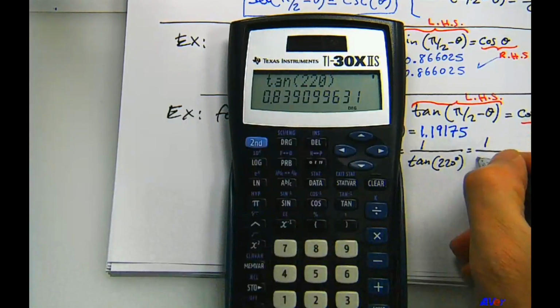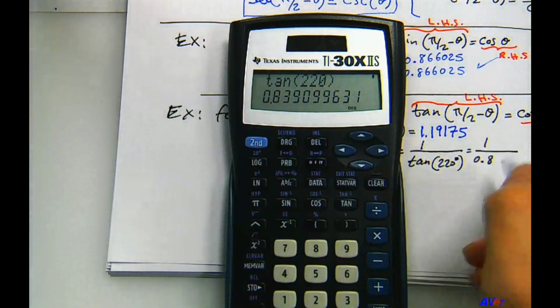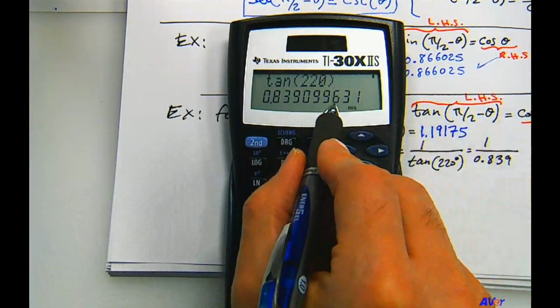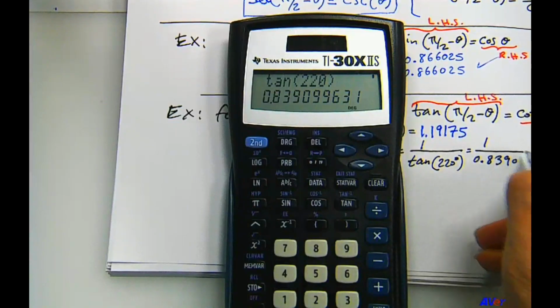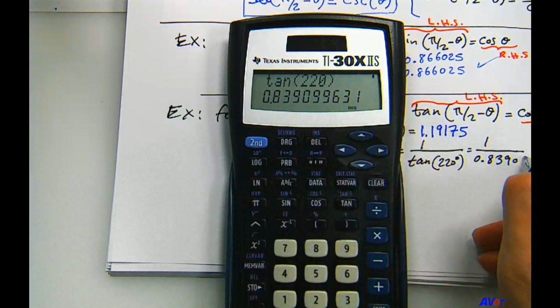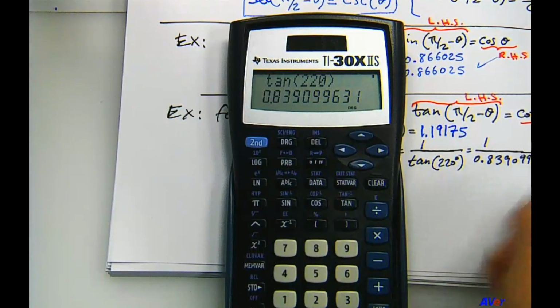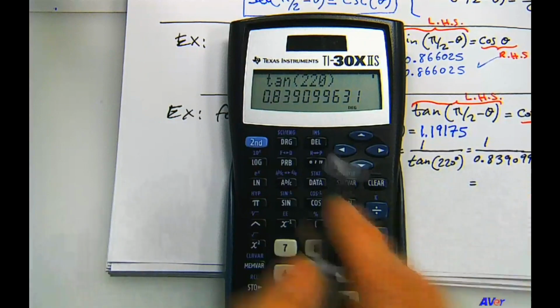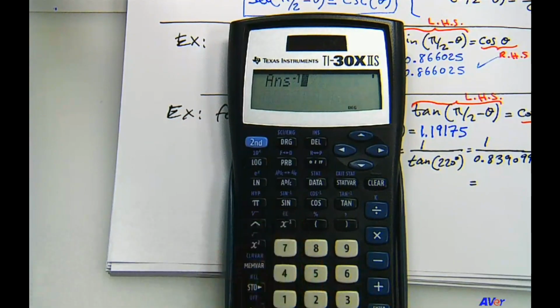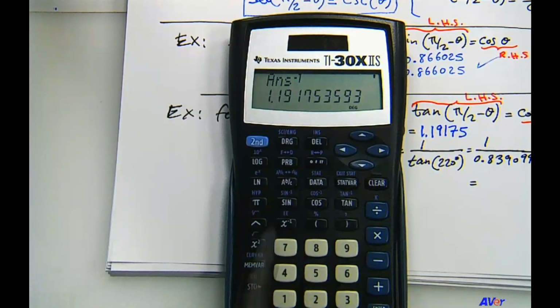So let's write it down. 0.8390, I'm going to write down all the way to 6, 390996. Okay. So let's take the reciprocal of that. The button on my calculator that does that is this x to the negative 1 power. So I'm going to do that. And there it is. So let's write that down.